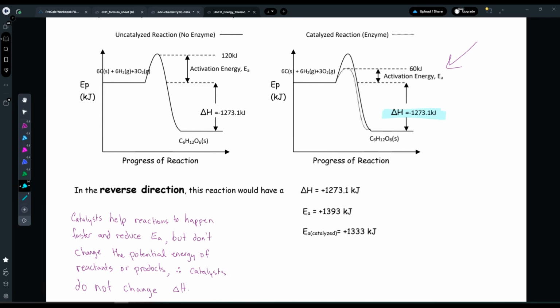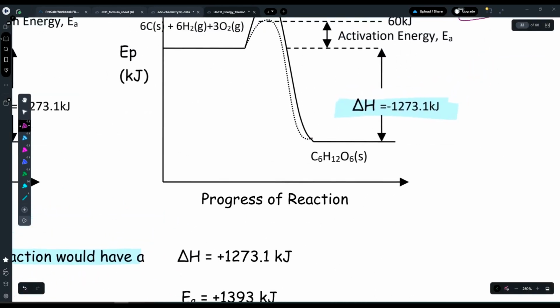Now, if we were asked about the reverse reaction, then this reaction would have a change in enthalpy of positive 1,273.1. The only difference between the forward and reverse change in enthalpy is that the sign is flipped from a negative for the forward into a positive for the reverse.